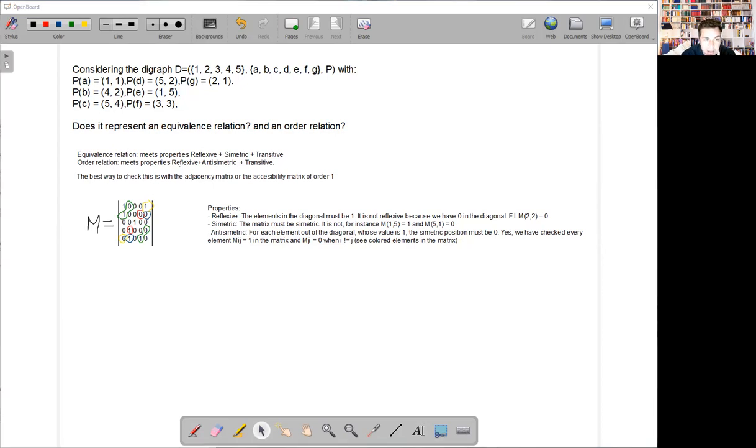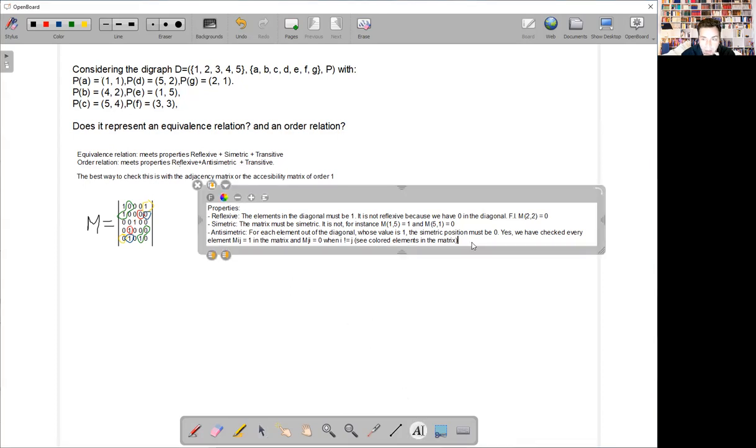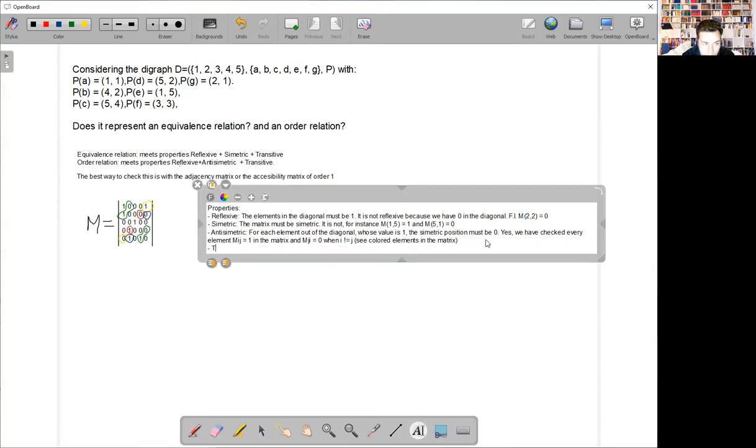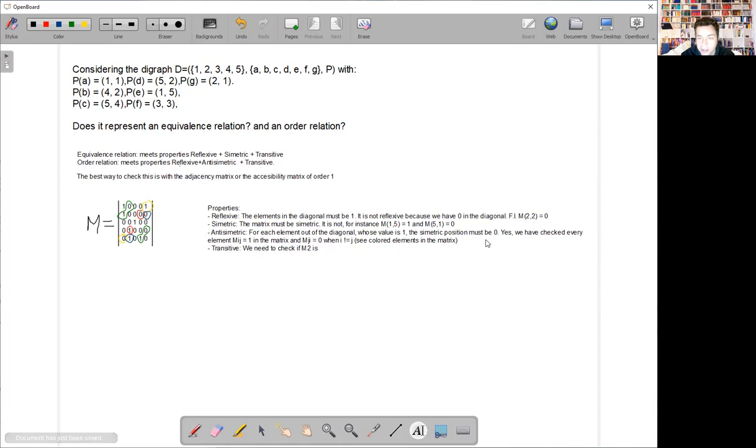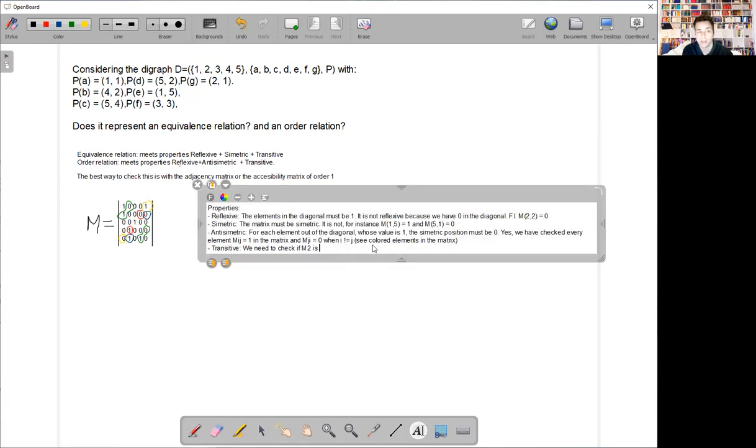Okay, and the last one is the transitive property. To check if the matrix is transitive, we need to check if the accessibility matrix of order 2 is contained or is included in the accessibility matrix of order 1.